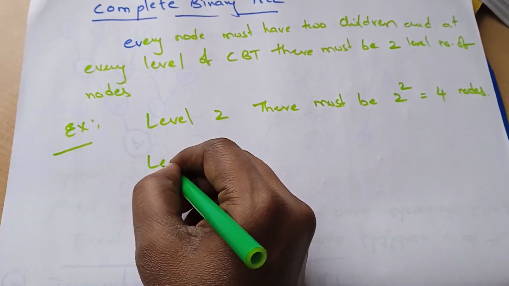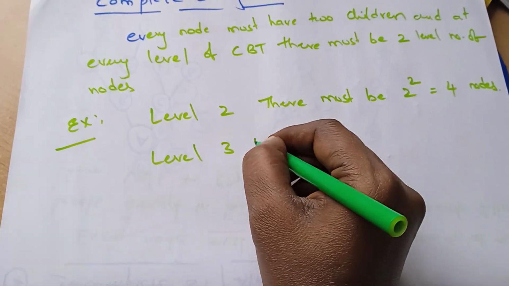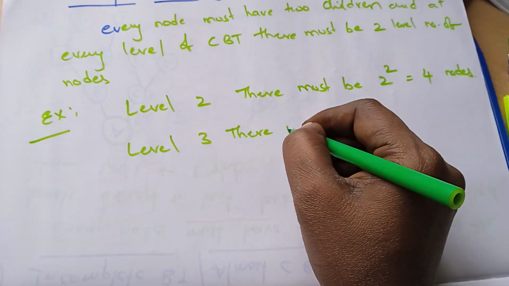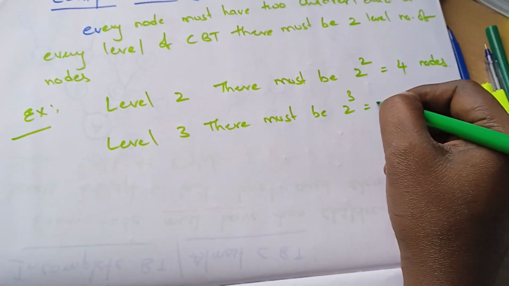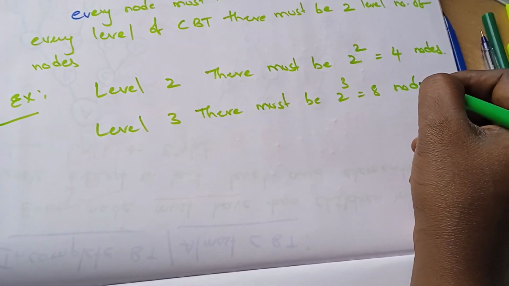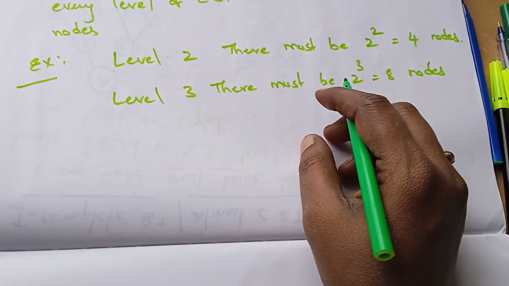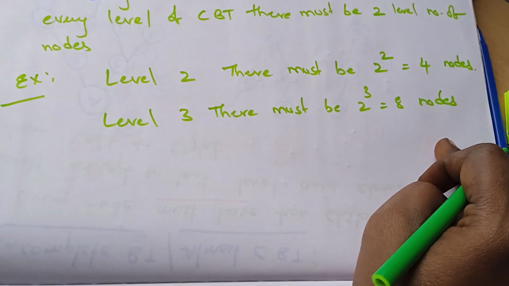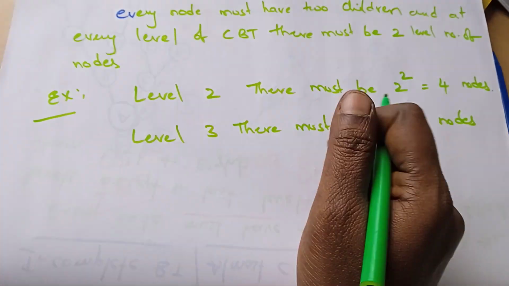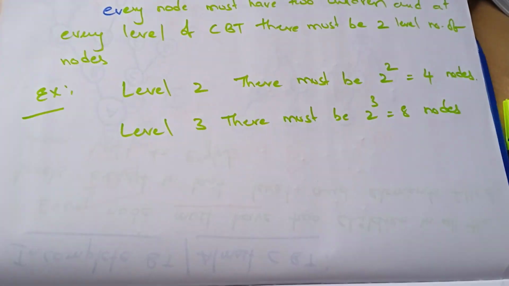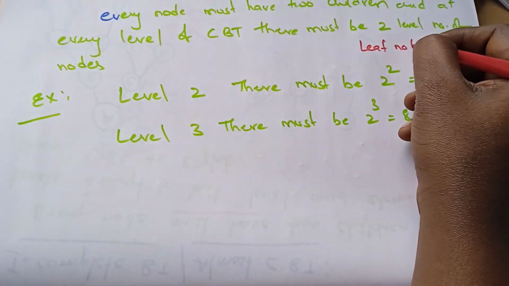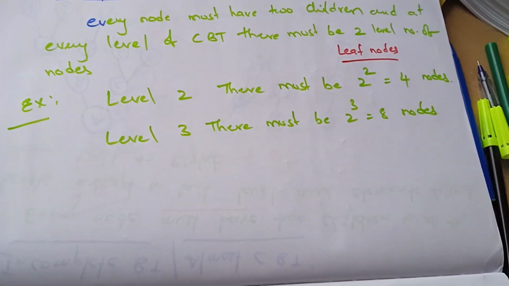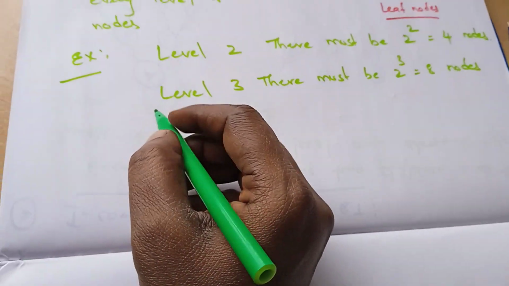And at level 3, there must be 2 power 3 is equal to 8 nodes. In a complete binary tree, exception is given for leaf nodes. Now let's see the complete binary tree.